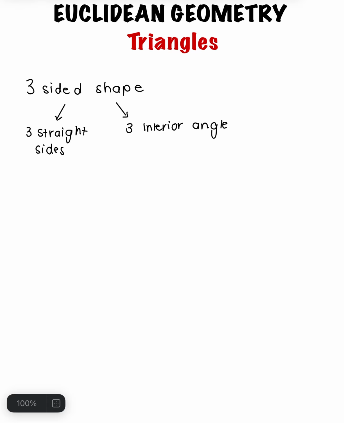And with this, let's draw a triangle. And let's talk about the naming convention of triangles when we refer to their angles as well as their sides. So I'm going to call this triangle A, B, C. All right?